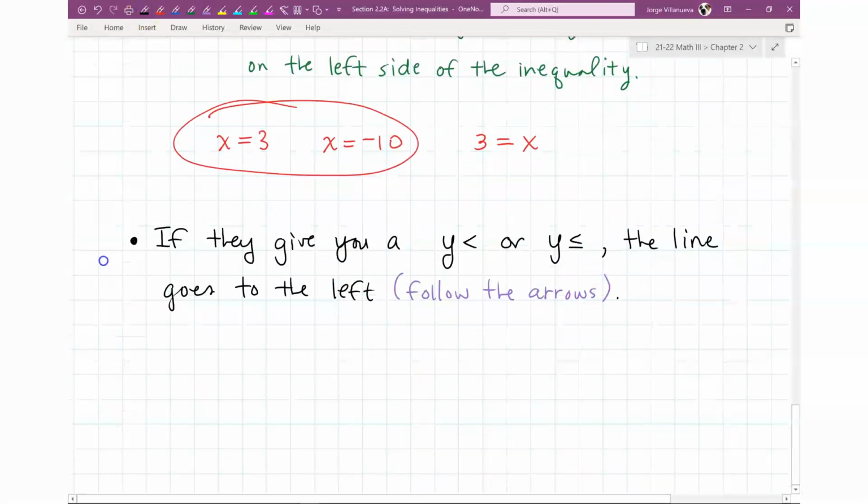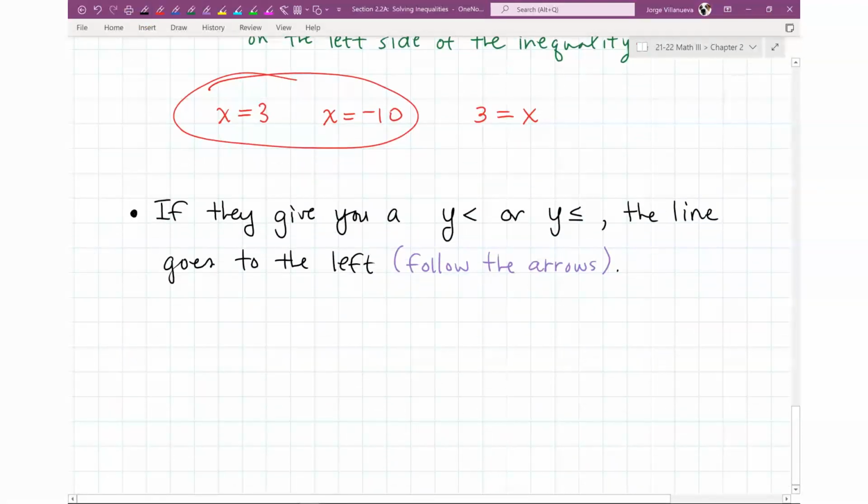Okay? So if they give you an inequality and you end up solving for y less than or equal to, or maybe it's like x is less than or equal to, x is less than, whatever letter it happens to be. But your letter's on the left side, and then the inequality is pointing at the letter. It's pointing left. If the inequality points left, then when you draw your line, you're going to draw it to the left.